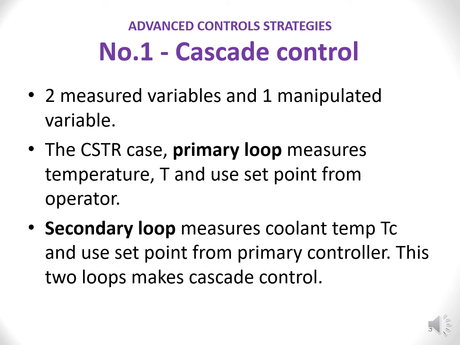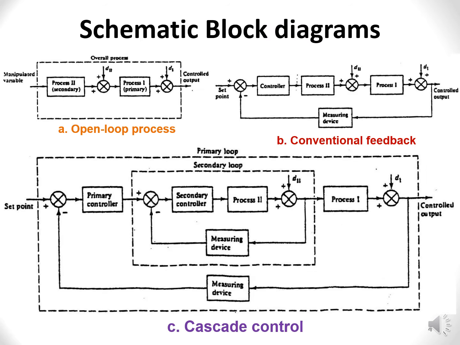So if we look at the loop again, this is the open loop process of the system. But if we look overall, we can see that this is the conventional feedback loop. We have the controller for the flow, the manipulated loop, which we call process 2, and this is process 1, which is the reactor itself.